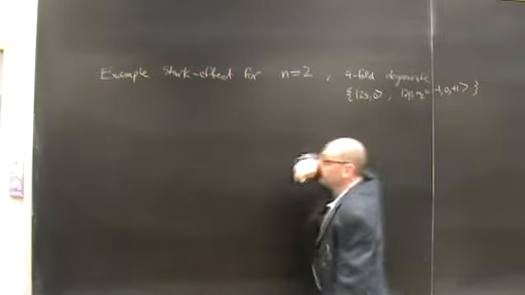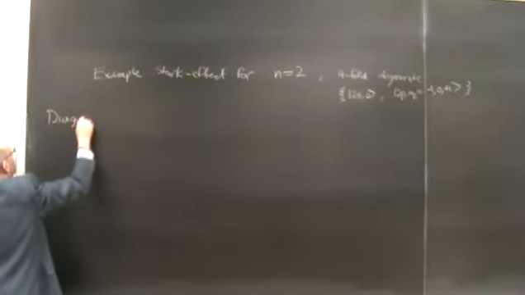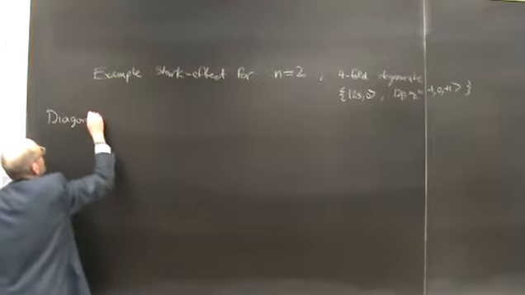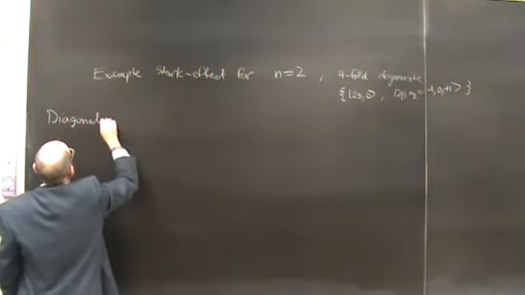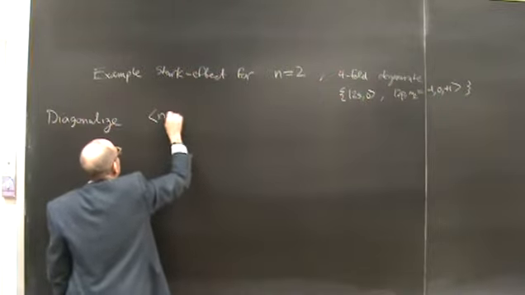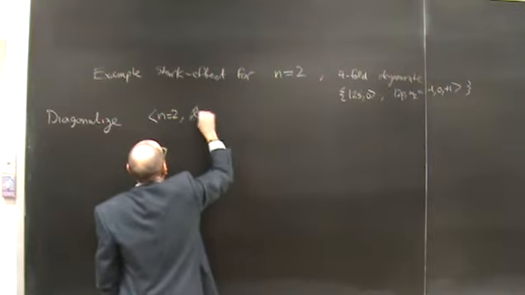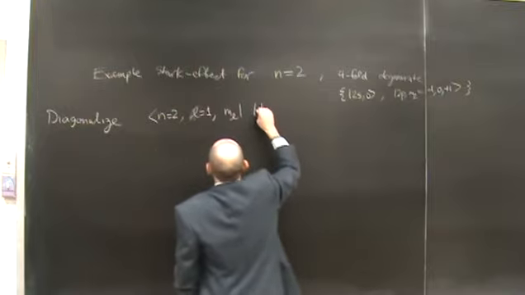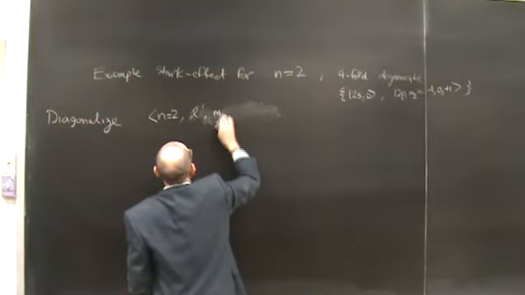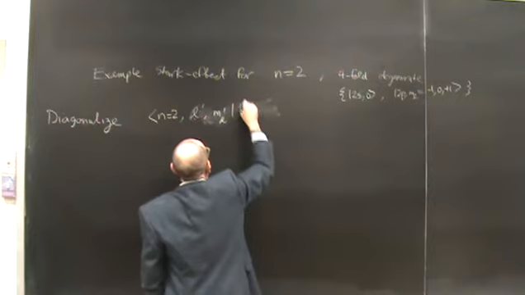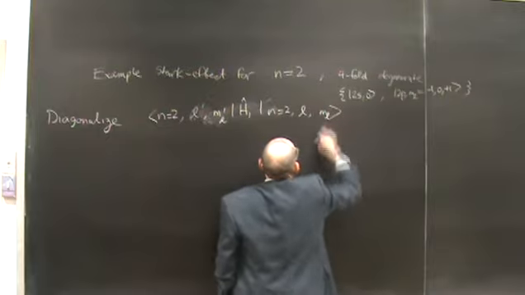Those are the four states. So we need to diagonalize that matrix, right?